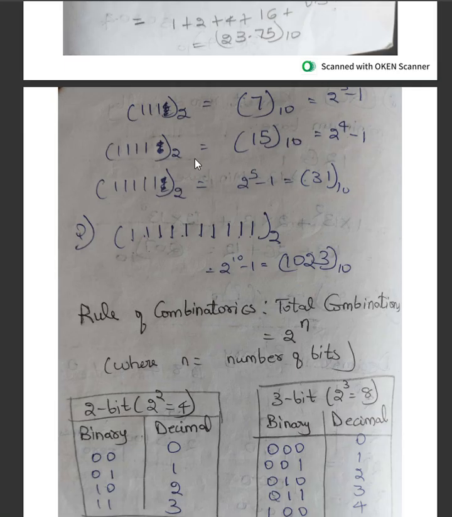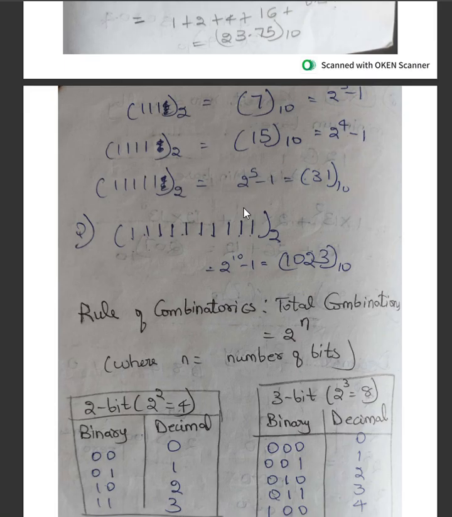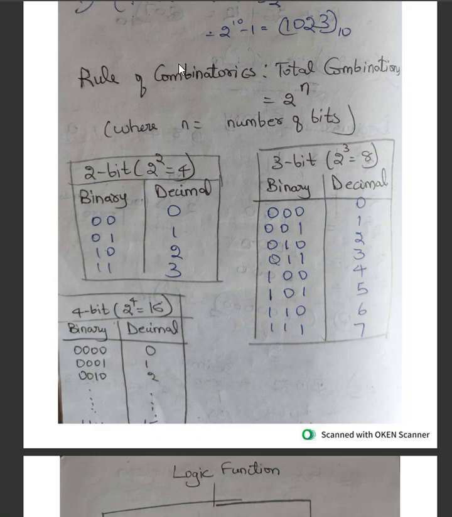If you make a generalized assumption, it will be 2 power n minus 1 for a question where you have that many ones. You just have to count the number of continuous ones and do this math, and you will get the answer.